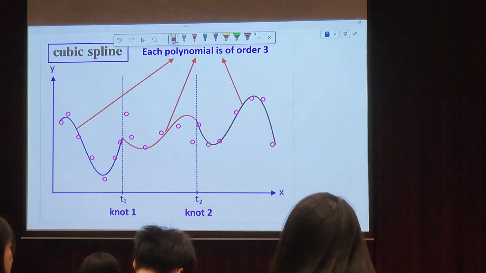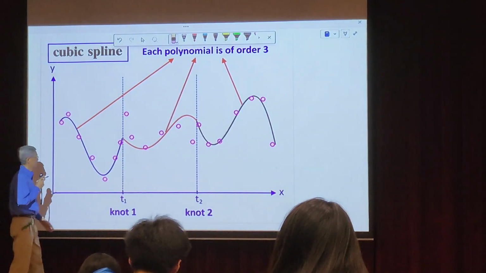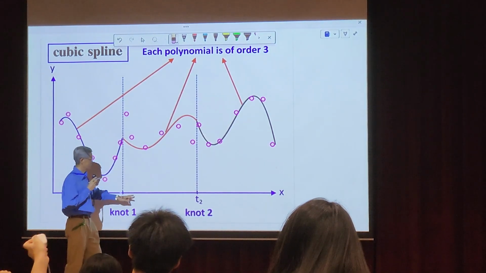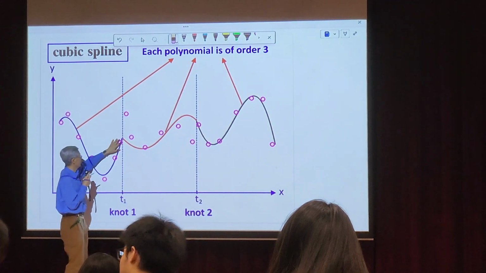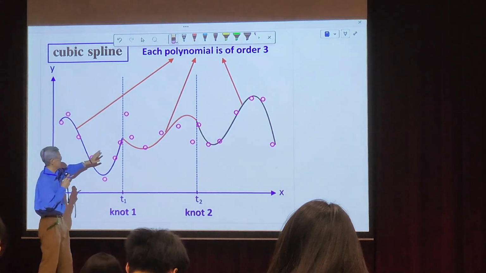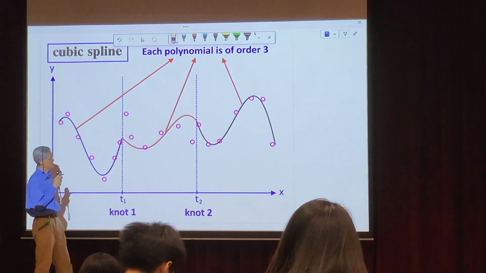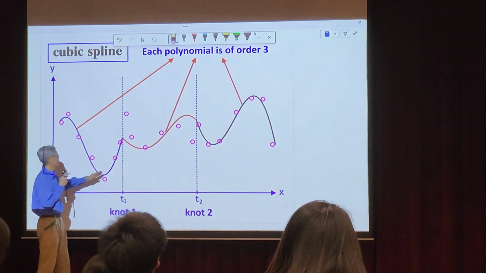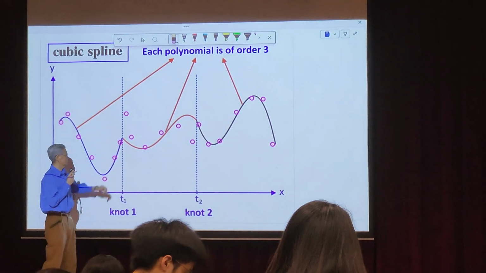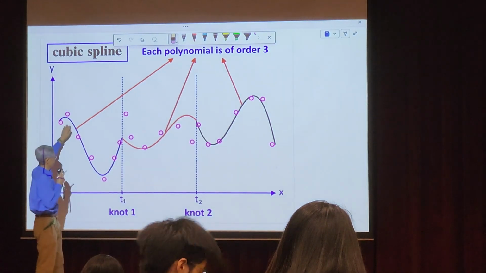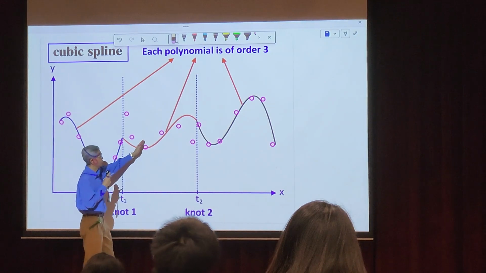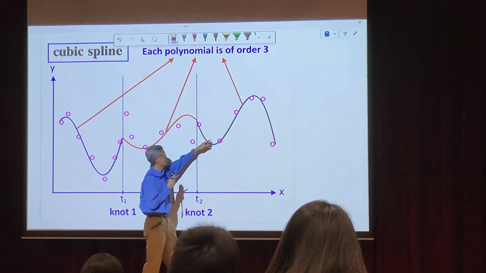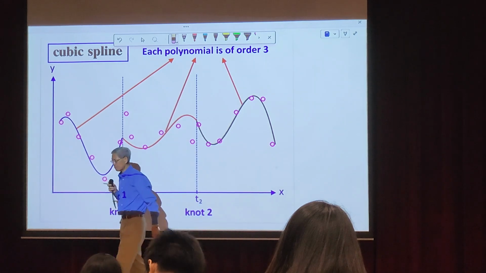So in this example, I decide to choose my two knots at T1 and T2 because the behavior of the points are different in these three segments. That's how I choose. See here, suddenly it goes up. So here I can fit a cubic model, here another cubic model, and then here another cubic model.